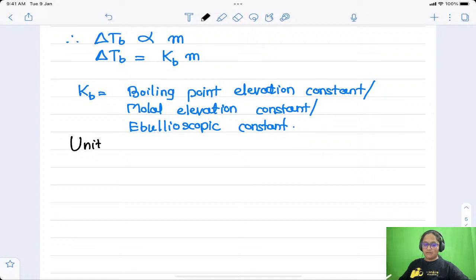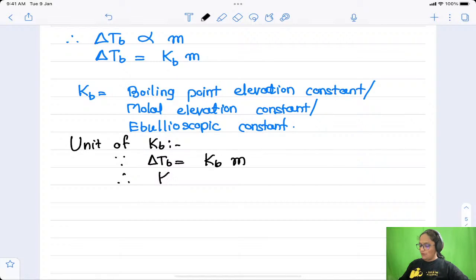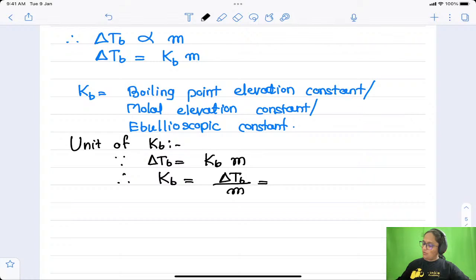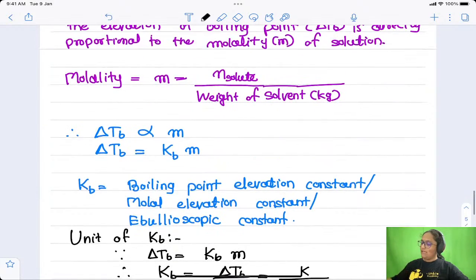Now let us see the unit of KB. We know the equation delta TB is equal to KB multiplied by m. Therefore KB will be equal to delta TB divided by m. Delta TB is the temperature, and the temperature unit is Kelvin.